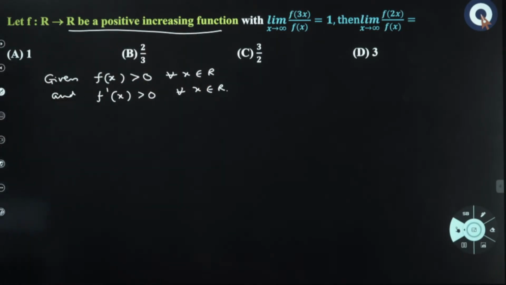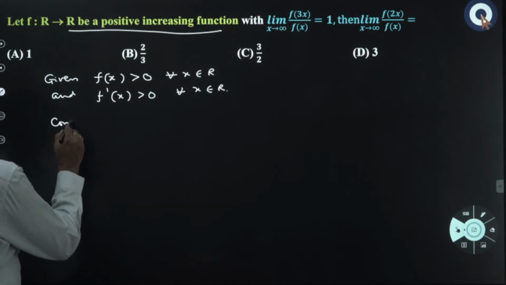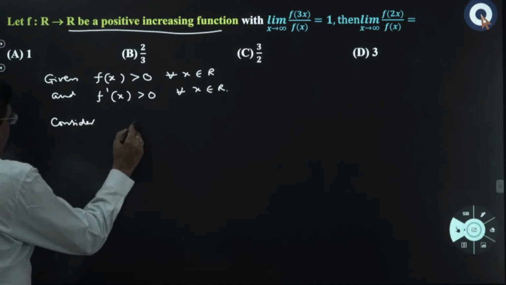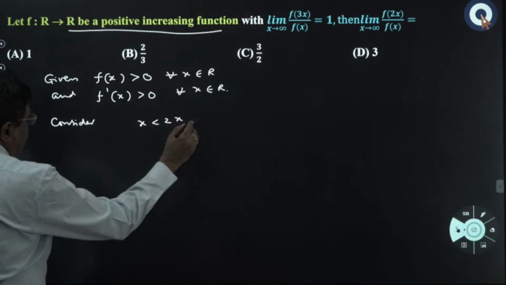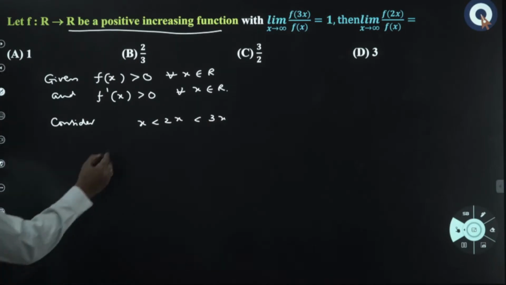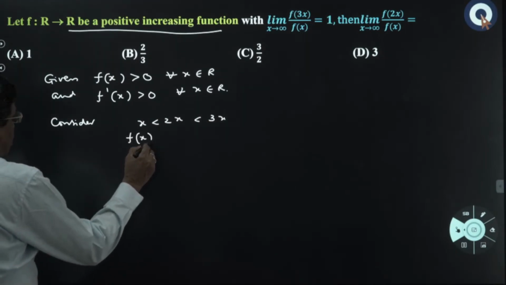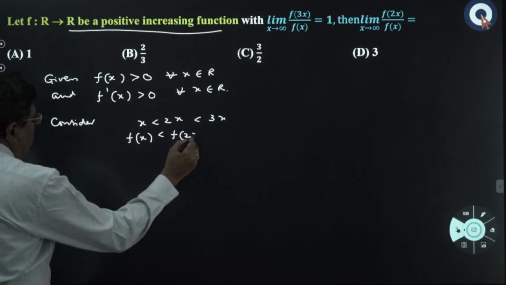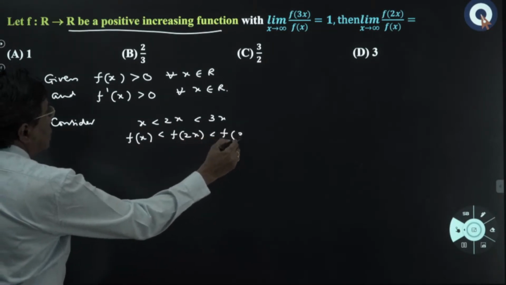So we can now consider, because it is a positive increasing function, x less than 2x less than 3x, which is true. f of x should be less than f of 2x and it should be less than f of 3x.